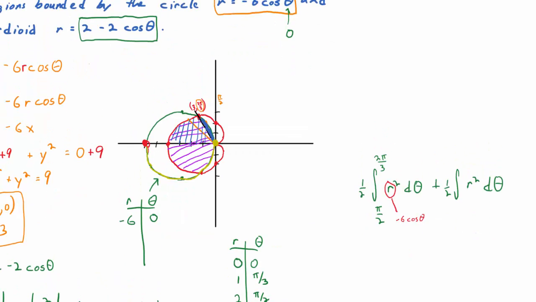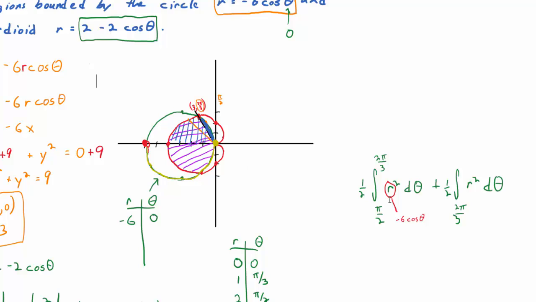Okay, now the second integral is going to pick up where the first one left off, limits of integration-wise. So what's the lower limit on the second integral? 2 pi over 3. But now the closest boundary function is the cardioid. Since there's so much symmetry going on here, if we go from the 2 pi over 3 angle to what angle gives you this point right here on the cardioid?